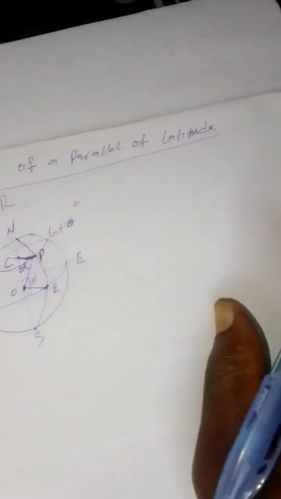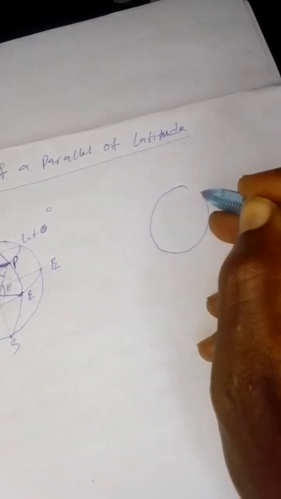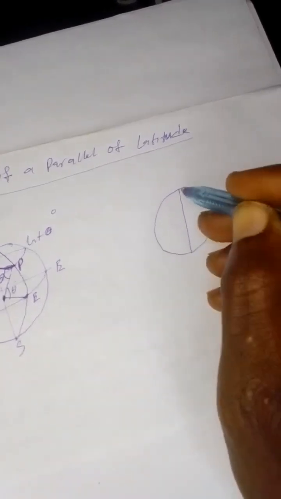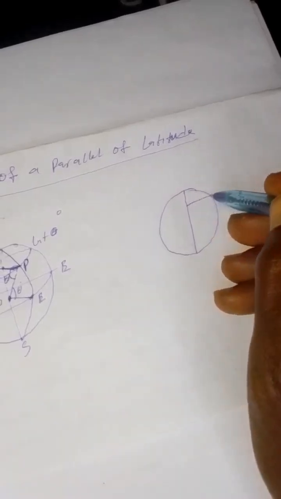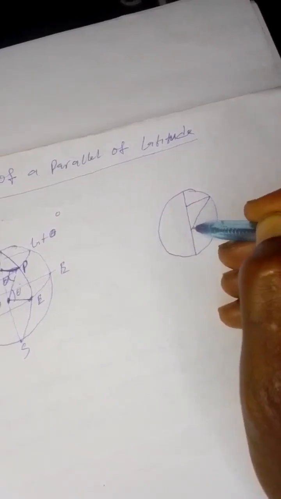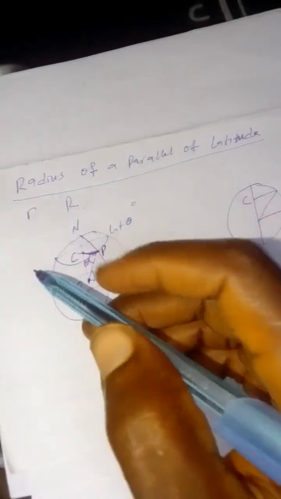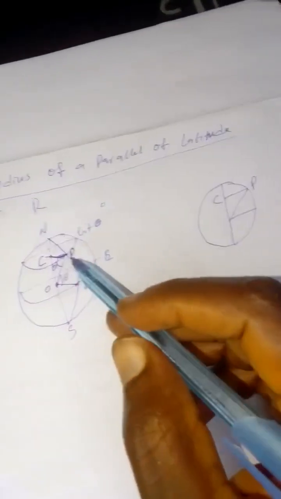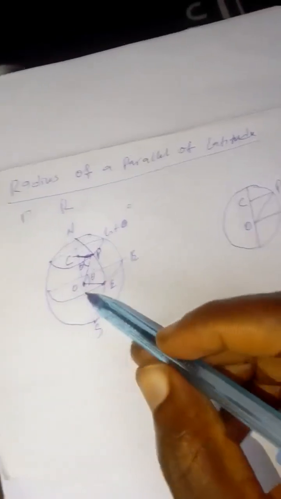So for the layman, we can have it like this. This is C. This is P. This is 0, the center of the Earth.